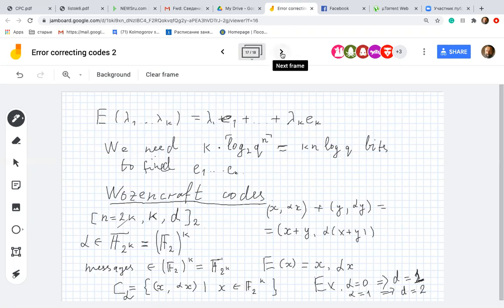And also, intuitively speaking, the Wozencraft code is much more effective than the random codes, because the code is just specified by one k-bit sequence. Log q in our case is 2, because q is 2.